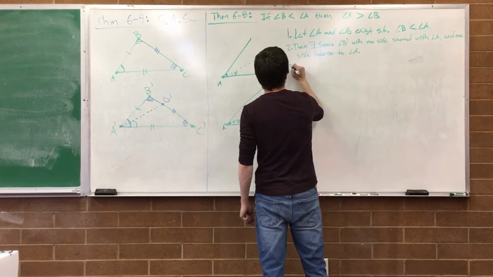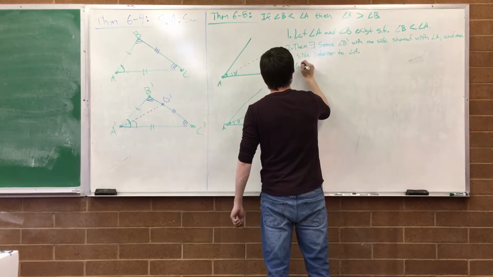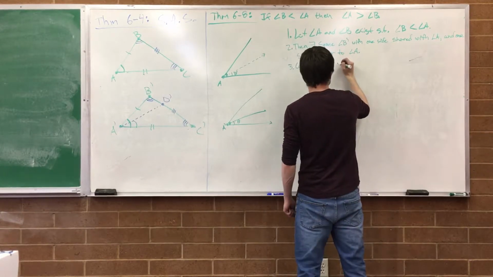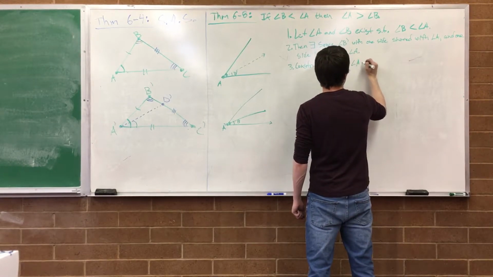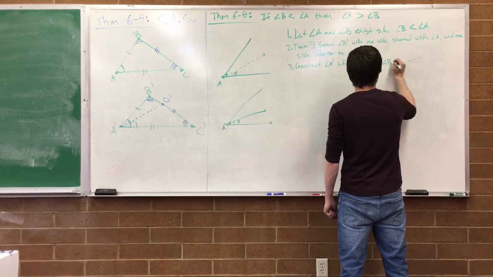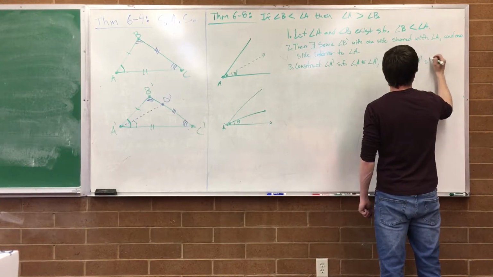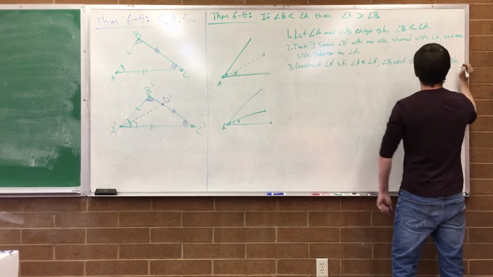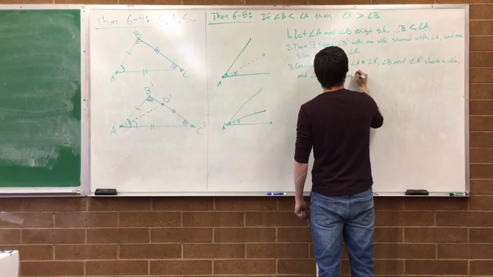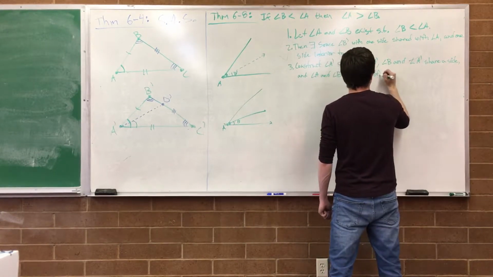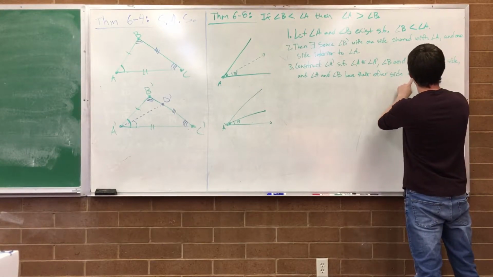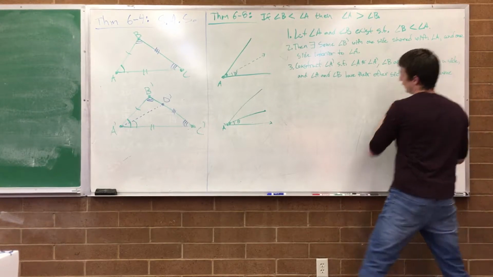So now let's put that in words. Step 3: construct angle A prime such that angle A is congruent to angle A prime, angle B and angle A prime share a side, and angle A and angle B have their other side on the same side of the shared side.